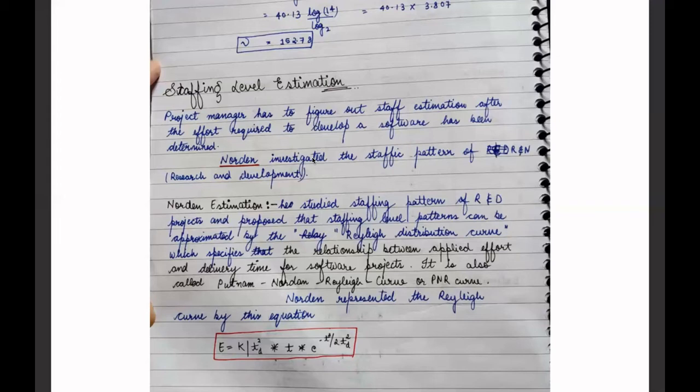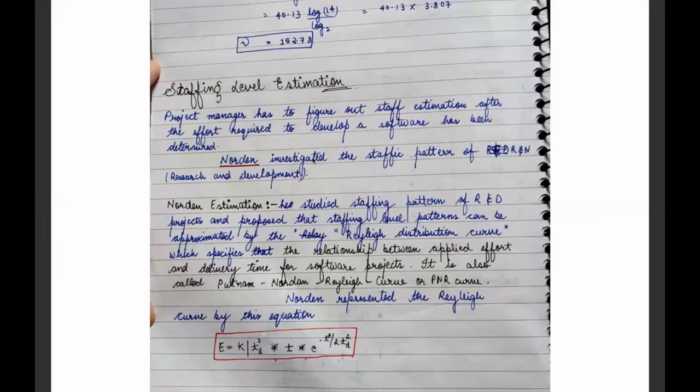Norden's work. Norden studied the staffing pattern of R&D projects and proposed that staffing level patterns can be approximated by the Rayleigh distribution curve, which specifies the relationship between applied effort and delivery time for software projects.